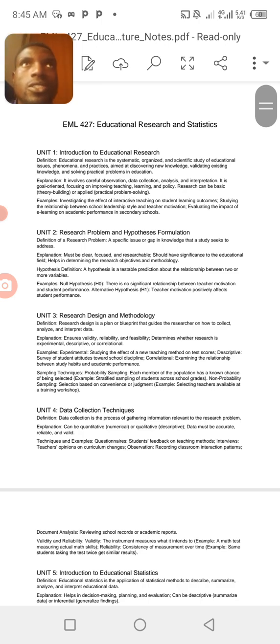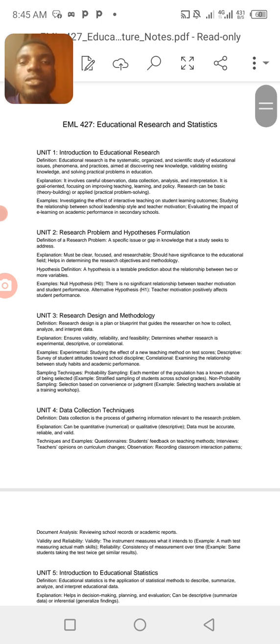in an African nation, the world or globe at large without what we call research and statistics. Research actually helps us to know the current state of education in our locality, in our region, in our district, in our states, in our nation at large, and the globe also.